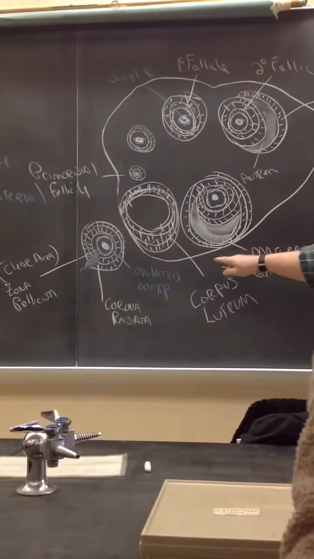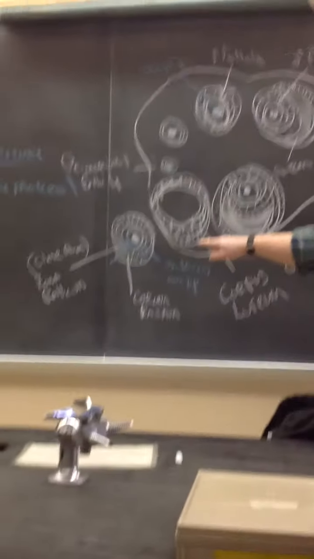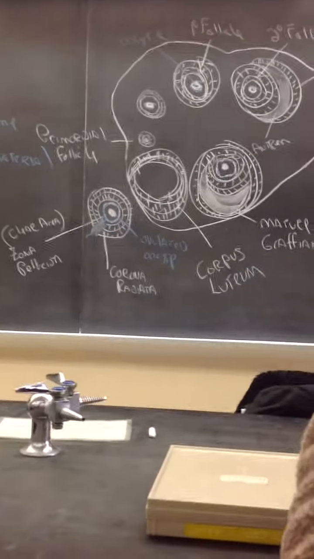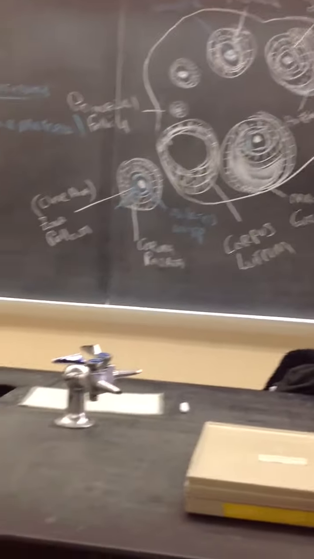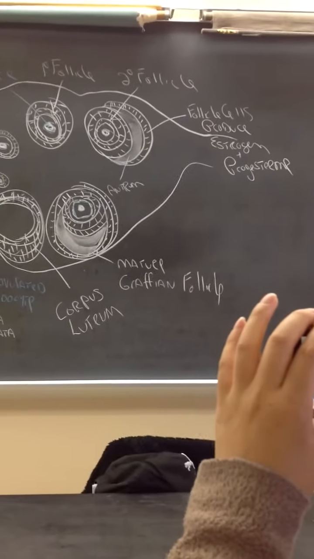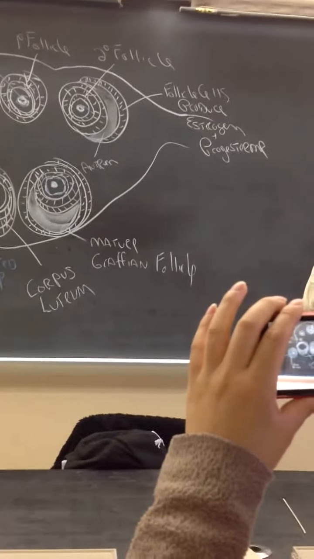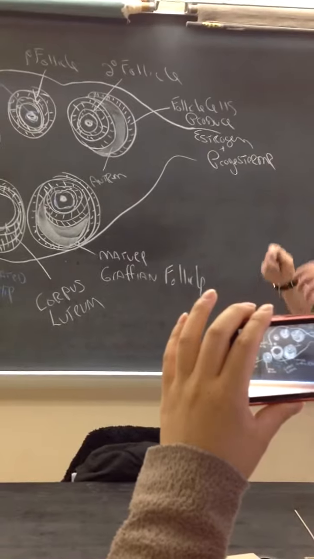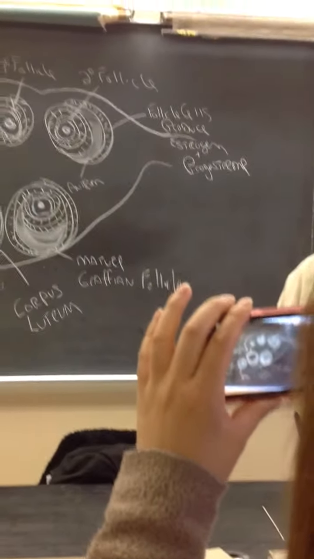If the follicle is maintained, then estrogen and progesterone is maintained. If estrogen and progesterone is maintained, the built-up endometrium is maintained.